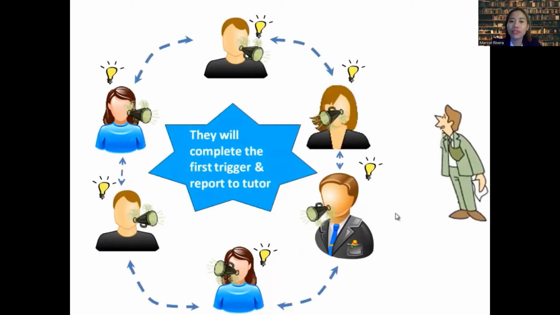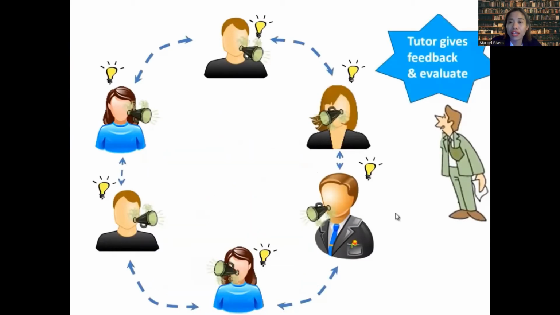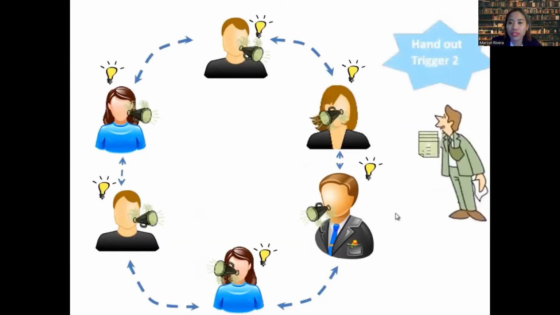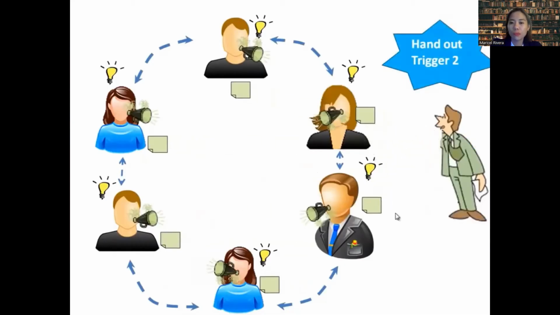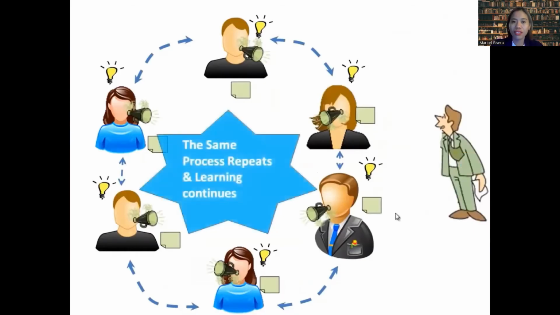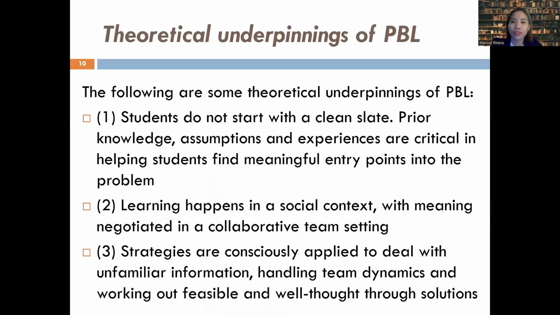So they will complete the first trigger, and at the same time, they will report to the tutor what they have done. And then the tutor gives feedback and evaluation. And next problem, handout trigger 2. Okay, then the same process repeats and the learning continues. And this is a very good example of how PBL works in the classroom.